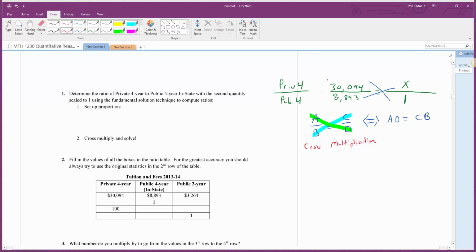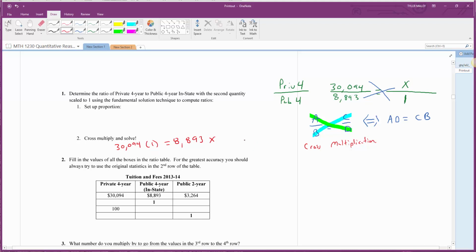So when I cross multiply, what I would end up getting is 30,094 times 1 equals 8,893x. 30,094 times 1 is just 30,094.